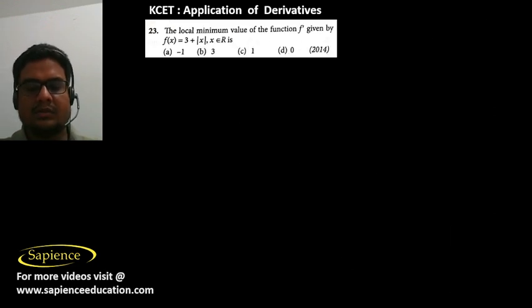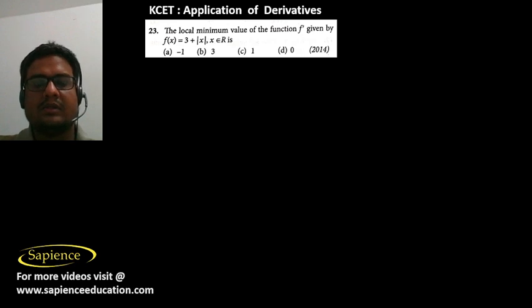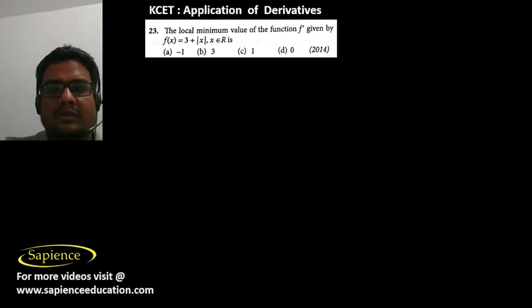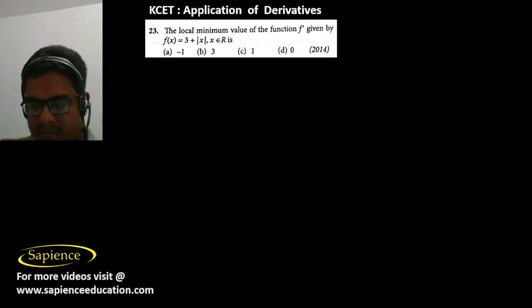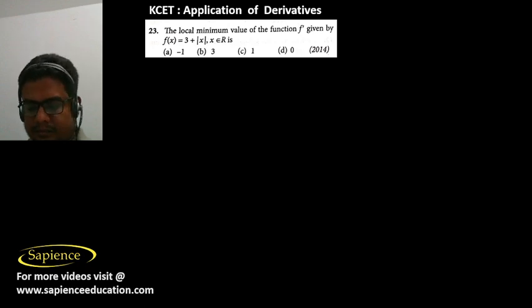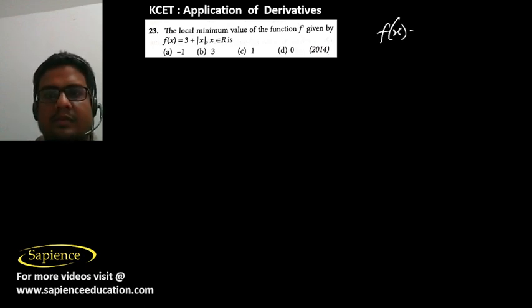Then question number 23, it is told the local maximum value and local minimum value of the function f dash x, where f of x is 3 plus mod x.